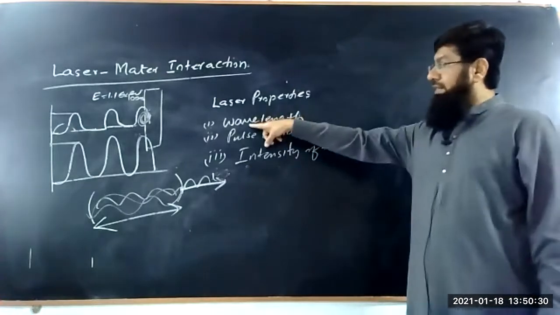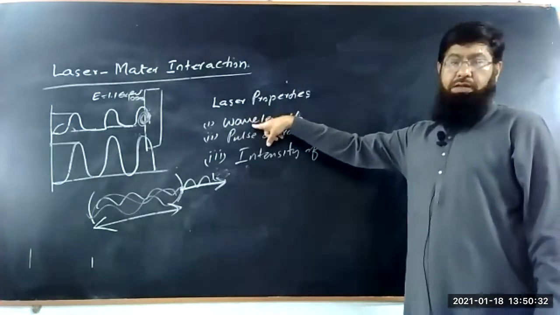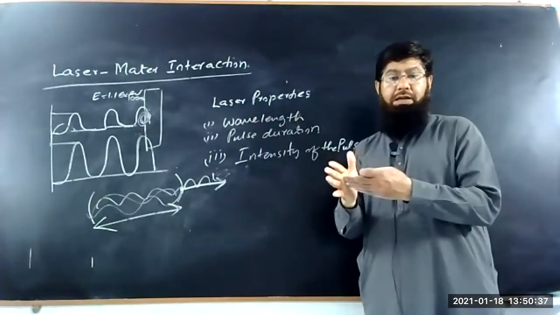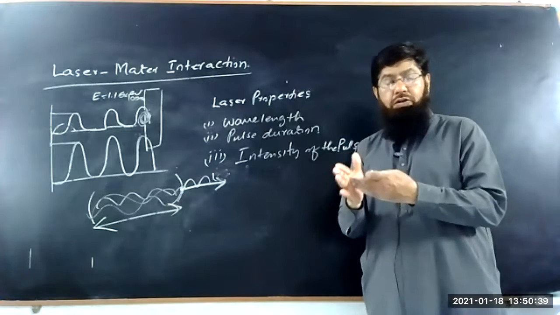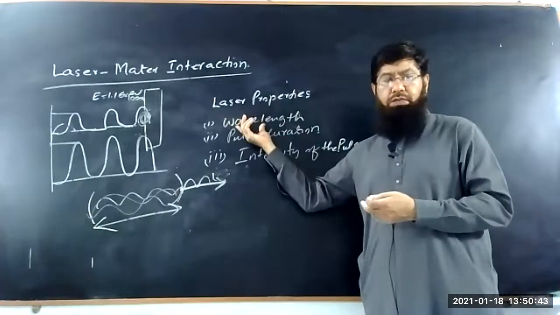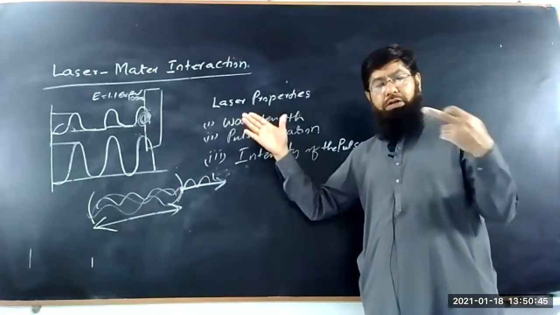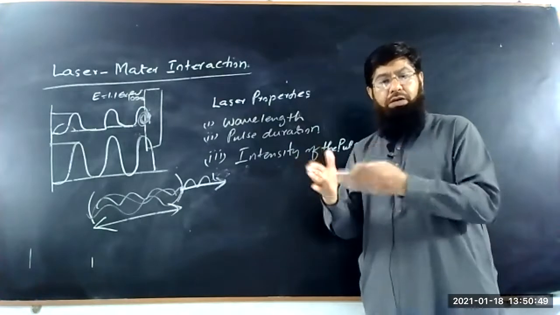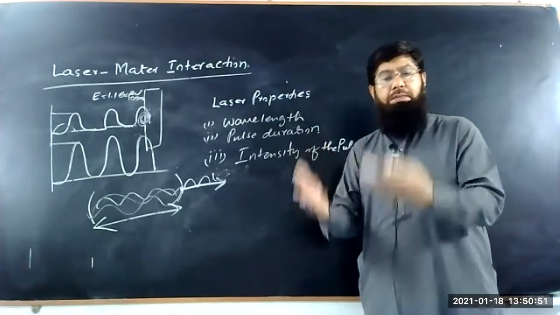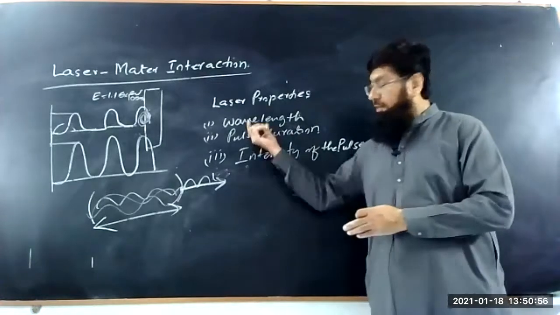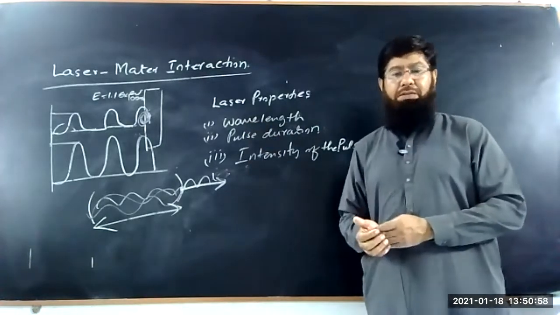The third is the wavelength. If we increase the wavelength, the coupling of the material will decrease. Because you know that when the light, this photon, strikes the surface, the coupling of the photon with the surface totally depends upon the wavelength of the photon, or upon the critical density of the material.